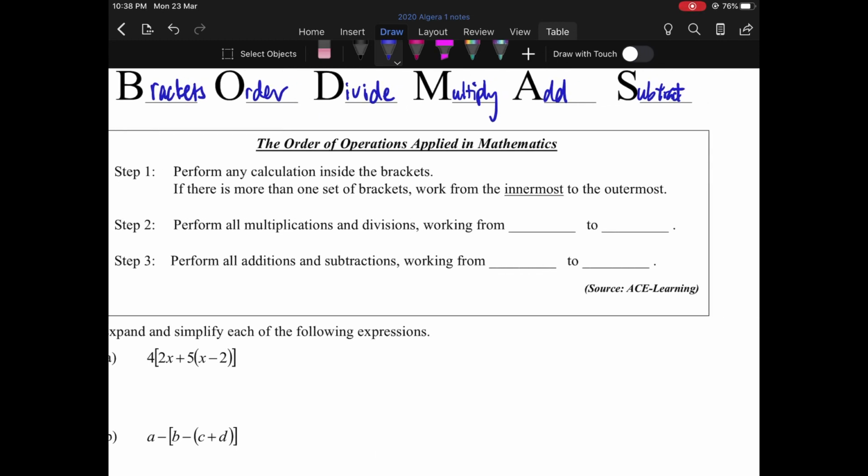So we always perform multiplications and divisions working from the left to the right. And then lastly, addition and subtractions from the left to right.